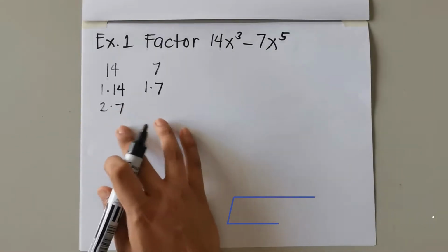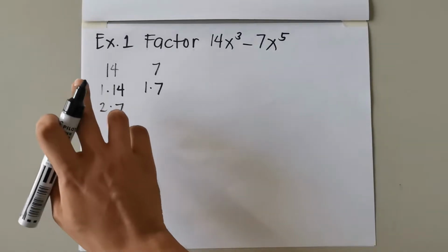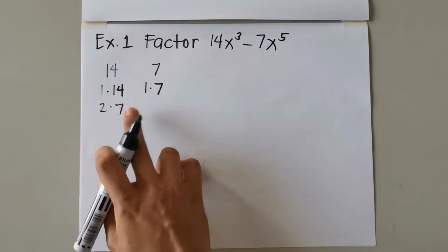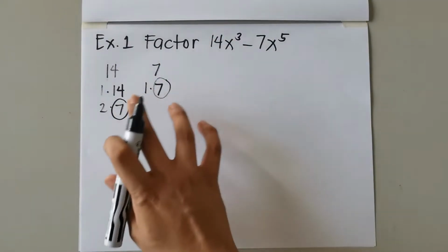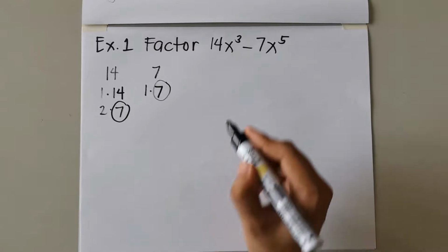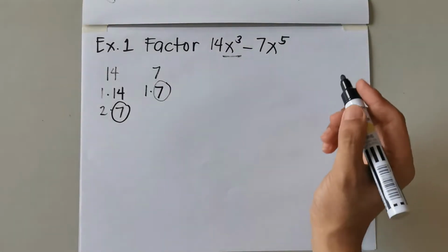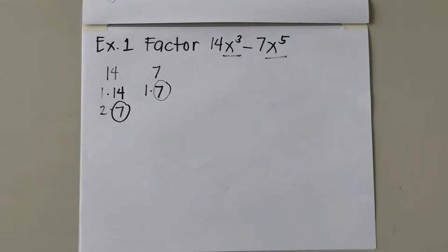Based from the list of factors, we can say that the GCF or the greatest common factor of number 14 and 7 is 7. Okay? Once done with the numerical coefficients, focus now on the variables and exponent. So we're going to take a look at the x cubed and the x raised to 5.